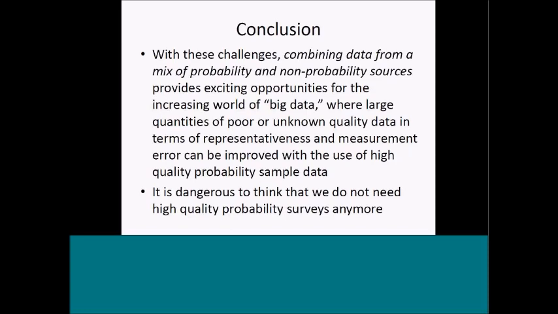And again, in terms of representativeness and measurement error, you have to really think through these issues. And in the end, I would say that it's dangerous to think that we don't need high-quality probability surveys anymore. That's the danger that we are in, with everybody saying, I can do all those things with a fraction of the cost.